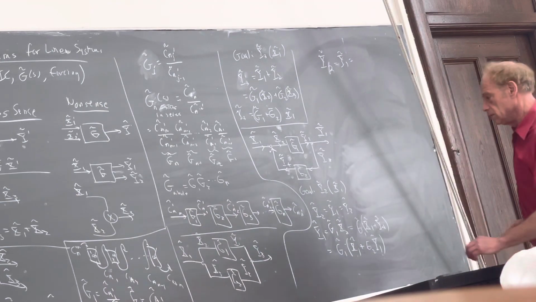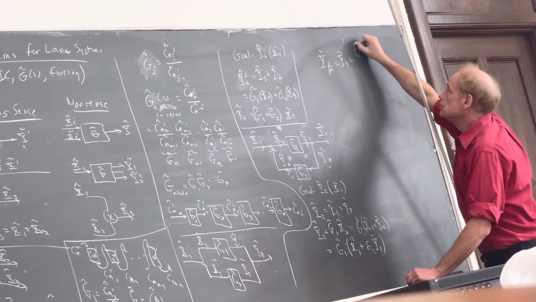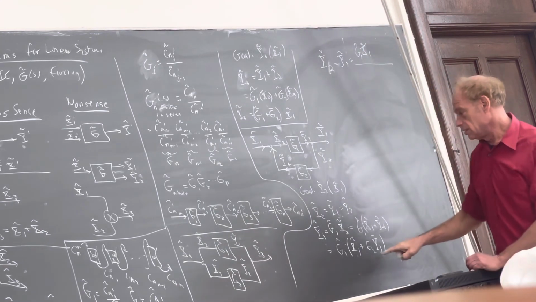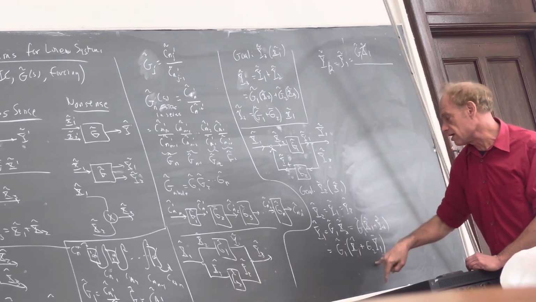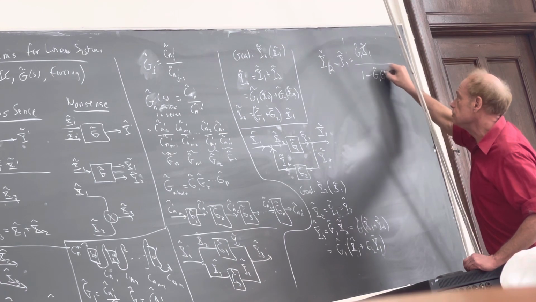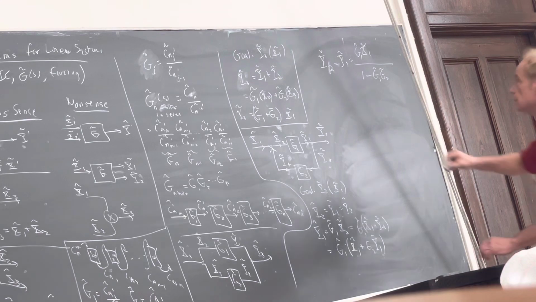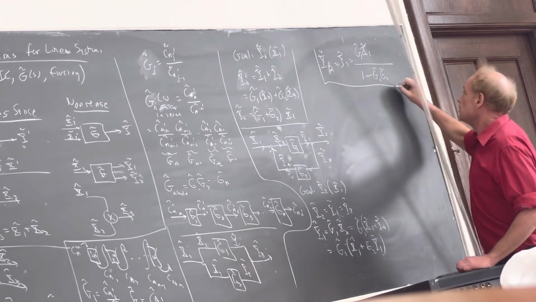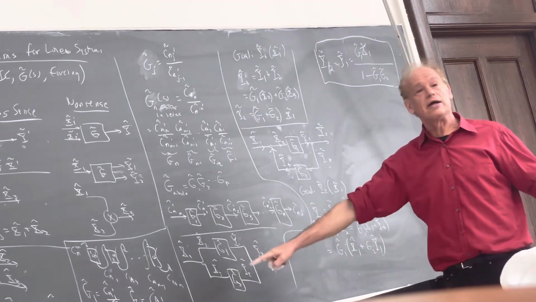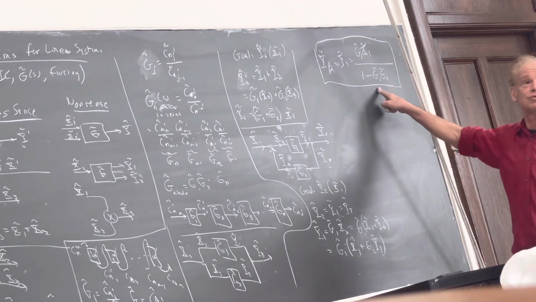Well, that's equal to g1 x1 tilde divided by, I bring this to the other side of the equation, factor out y1, 1 minus g1 tilde g2 tilde. And so even though we had a complicated looking diagram with feedback, we get this result.